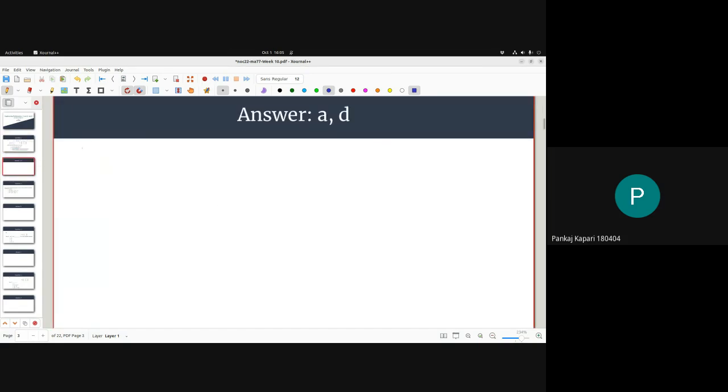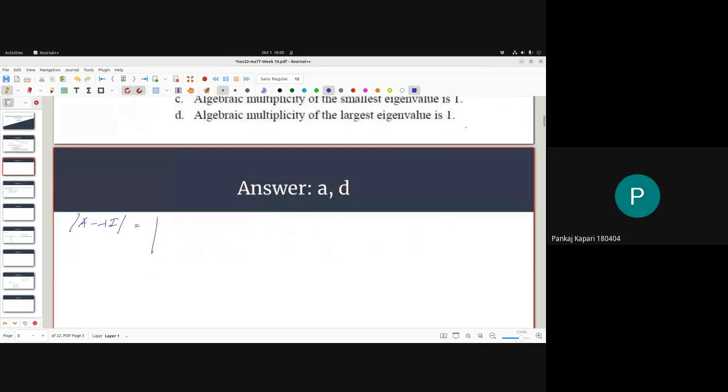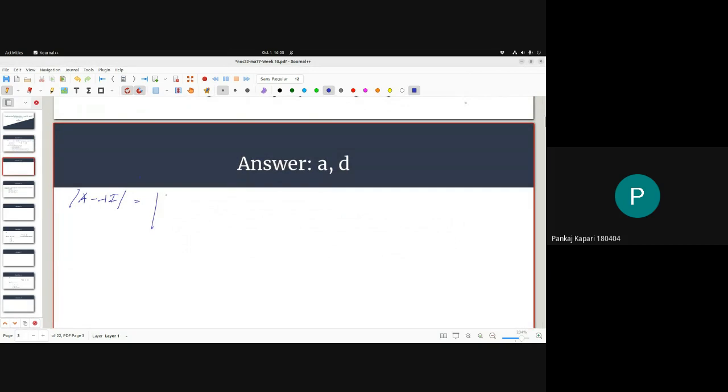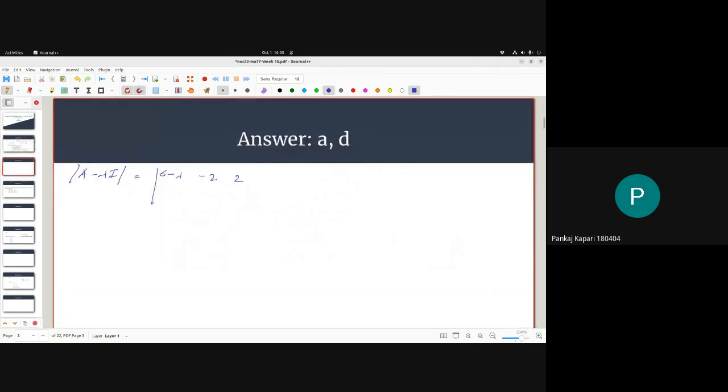So let's find the determinant of A minus lambda I. The entries are 6 minus lambda, minus 2, and 2; then minus 2, 3 minus lambda, minus 1; and 2, minus 1, and 3 minus lambda.